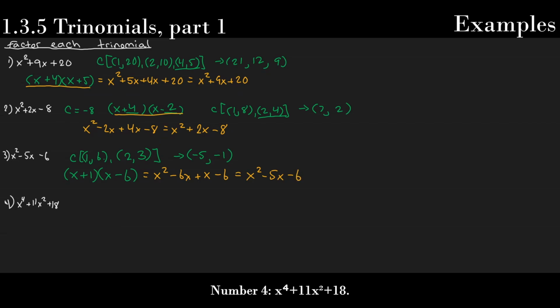Number 4, x to the 4th power plus 11x squared plus 18. You might be thinking that this is impossible, but it's actually quite simple. We're looking for the GCF of each term.